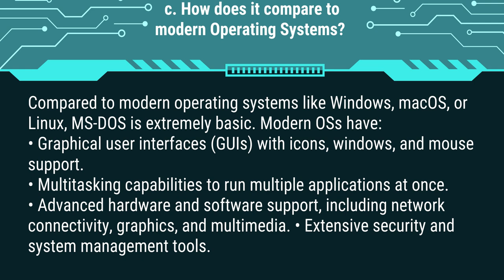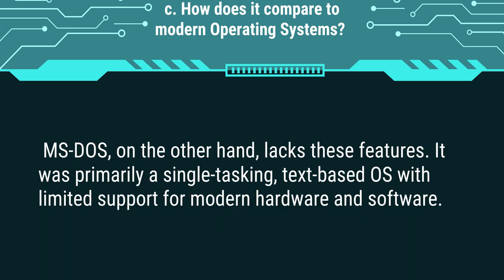Modern OSes have graphical user interfaces, GUI, with icons, windows and mouse support, multitasking capabilities to run multiple applications at once, and advanced hardware and software support including network connectivity, graphics, and multimedia, extensive security and system management tools. MS-DOS, on the other hand, lacks these features. It was primarily a single-tasking, text-based OS with limited support for modern hardware and software.